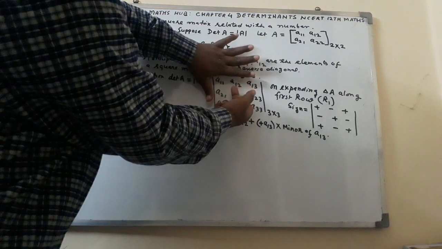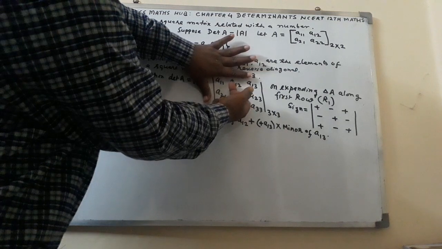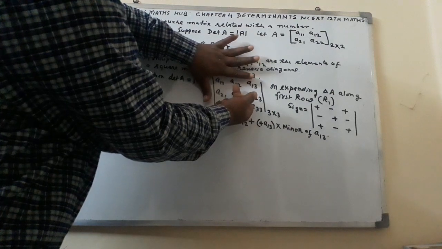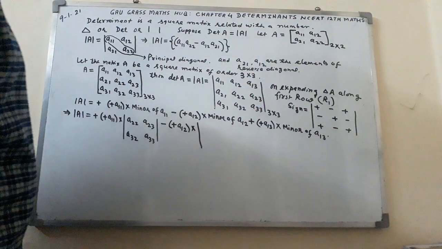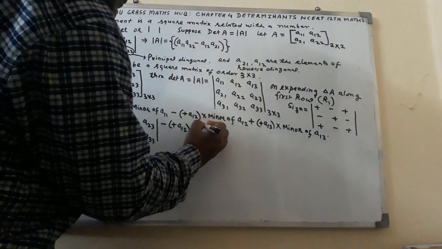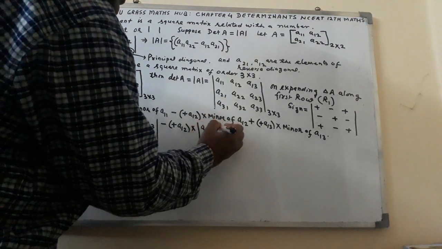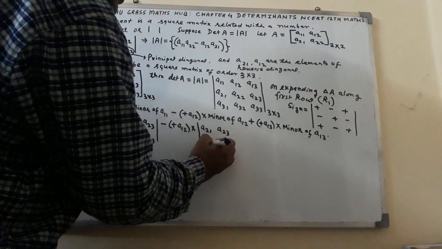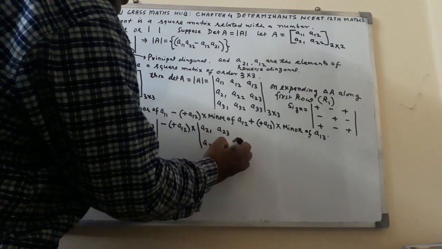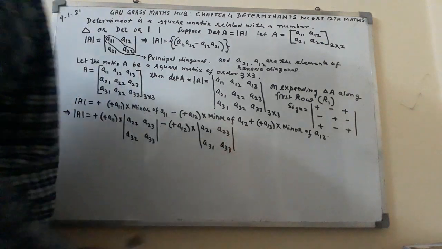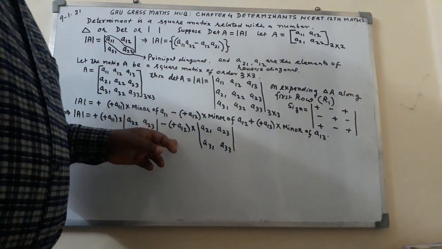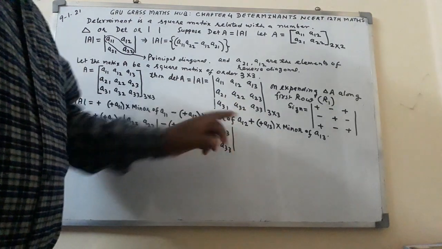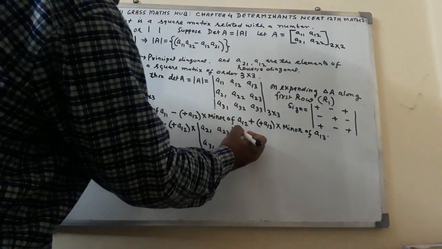We will get the minor of A12 as A21, A23, A31, A33. Again I shall write here plus.